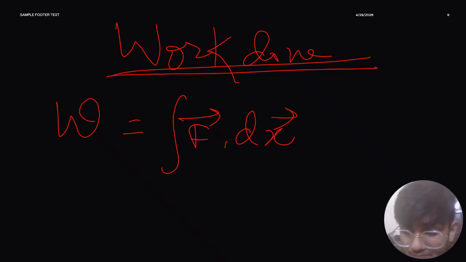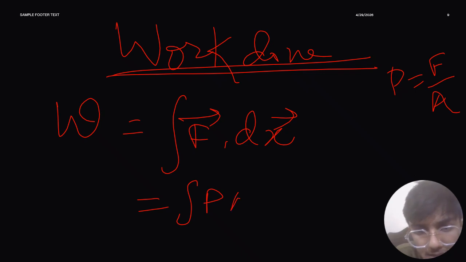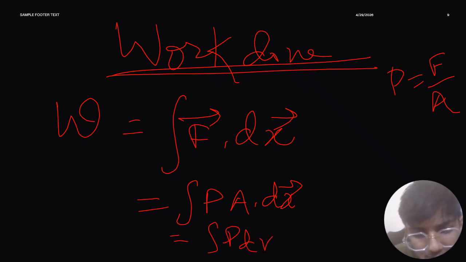Now one more thing, pressure is force per unit area, so you can write force as P into A. So it becomes P into A dx. Now this A dx becomes dV, the volume. So it is P dV. But here we will have a minus sign.